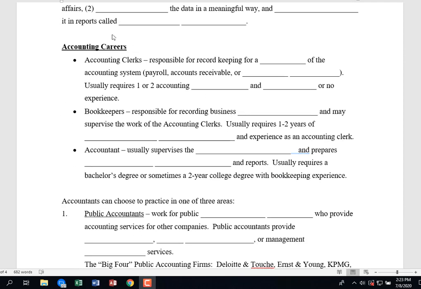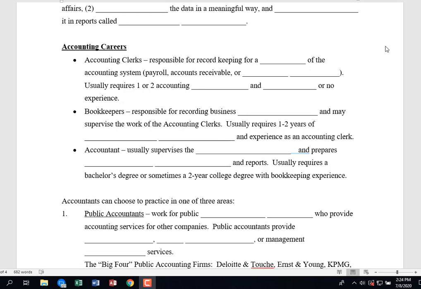This chapter also talked about some accounting careers that you might be interested in. One of them is called an accounting clerk. This person is responsible for record keeping for a part of the accounting system. You might be the payroll accounting clerk, the accounts receivable accounting clerk, or accounts payable accounting clerk.